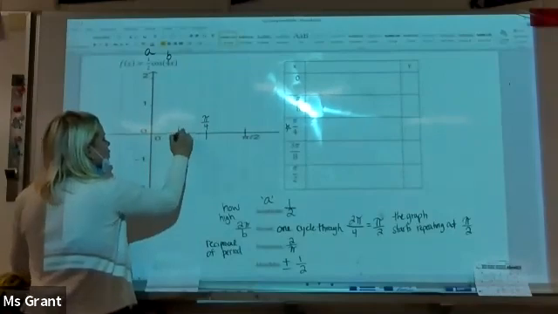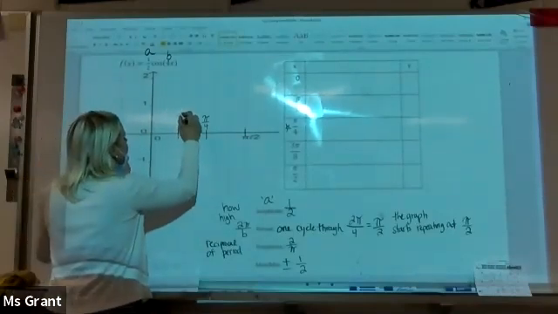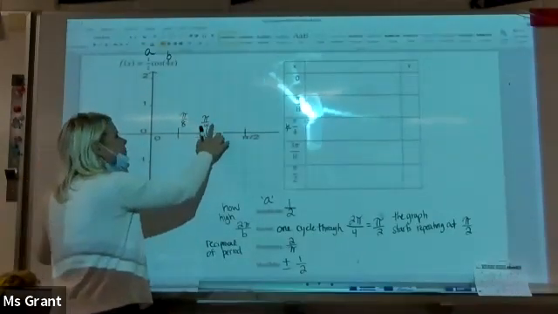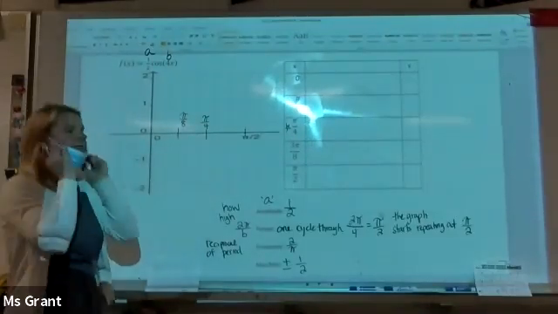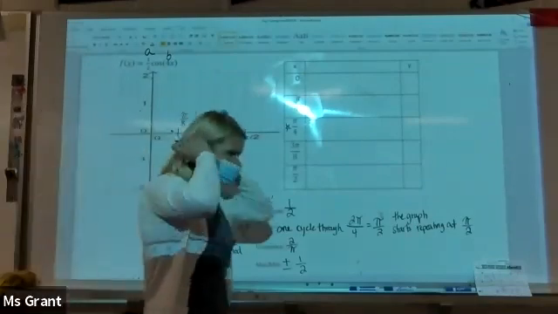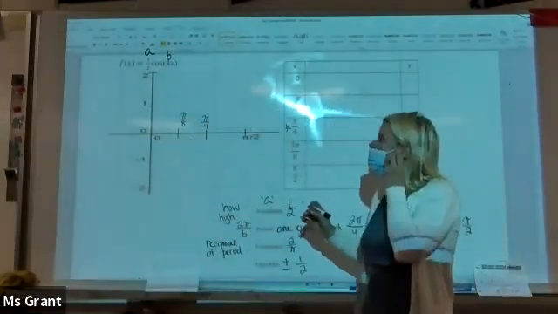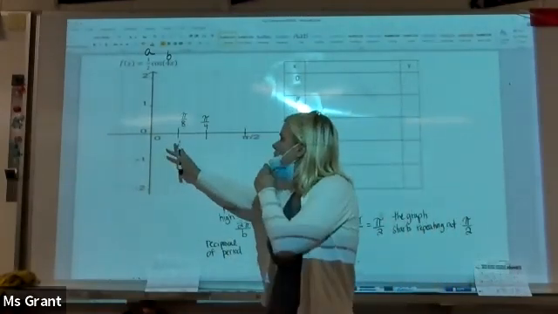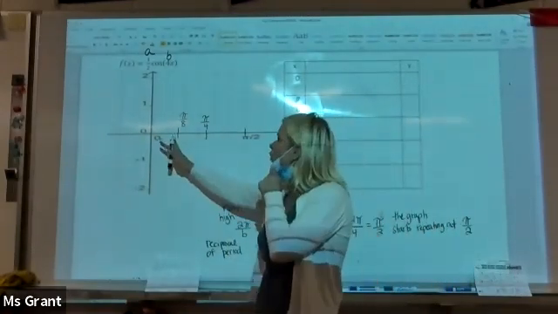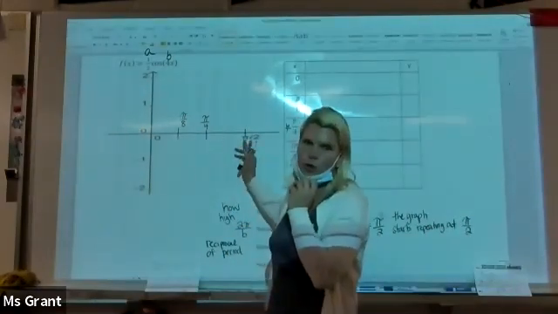Pi over 8. If each section is pi over 8, then 3 pi over 8 is 1/4, 2/4, 3/4, 4/4, or 1/8, 2/8, 3/8, 4/8.